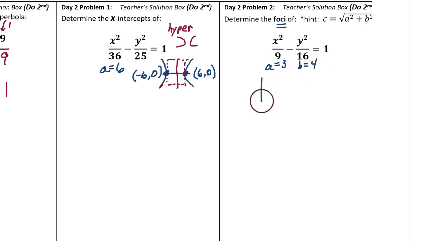So if you were to graph the hyperbola, you would make a grid, and you would go 3 units to the left, and 3 units to the right, 4 units up, and 4 units down. And draw a box through those spots.